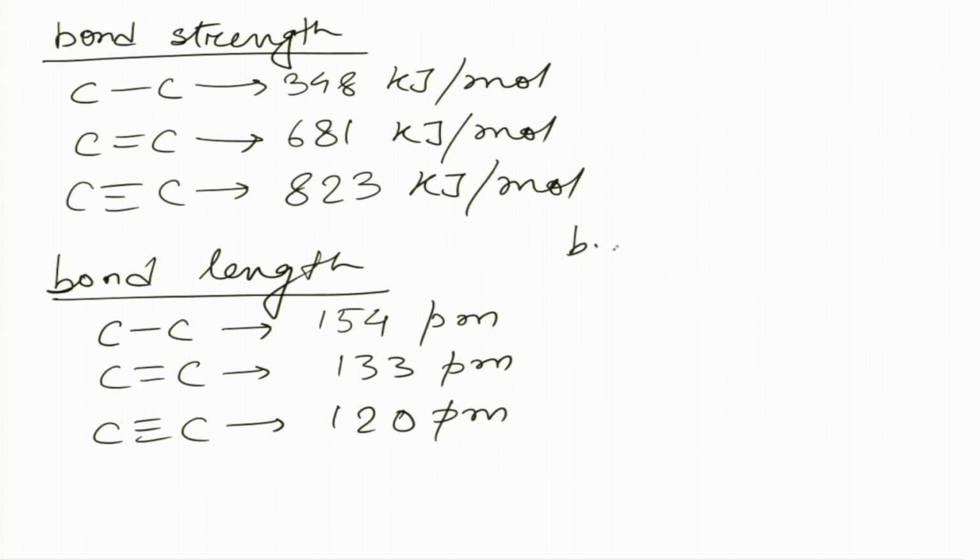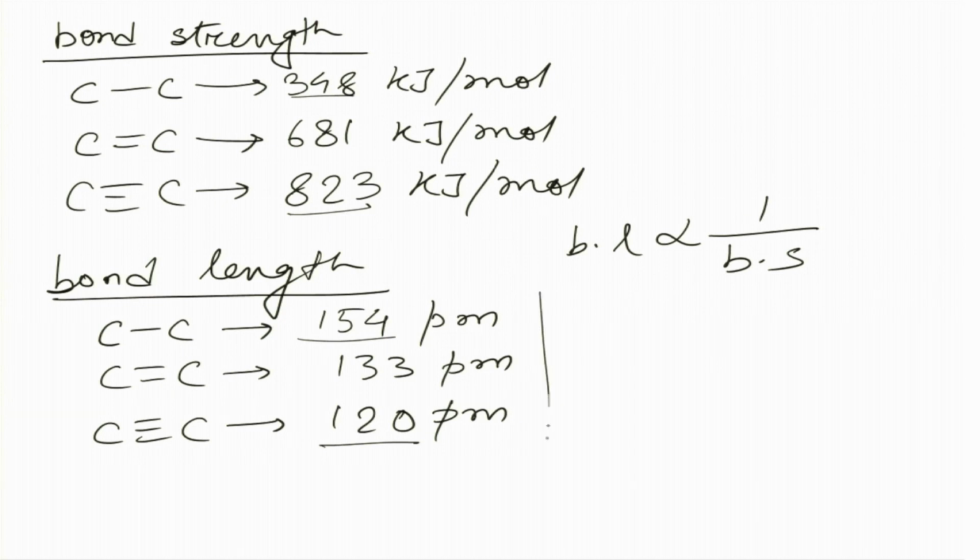We know that bond length is inversely proportional to bond strength. So, when the bond strength increases, the bond length will decrease. So, triple bond has the highest bond strength, but lowest bond length. Similarly, single bond has the lowest bond strength and highest bond length.